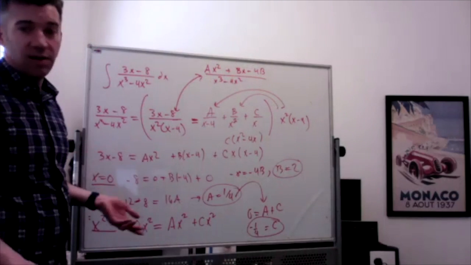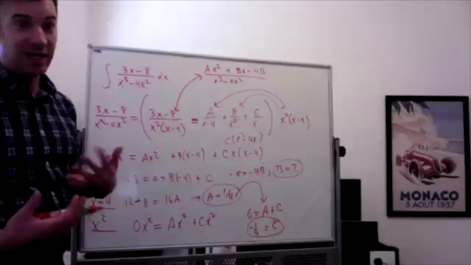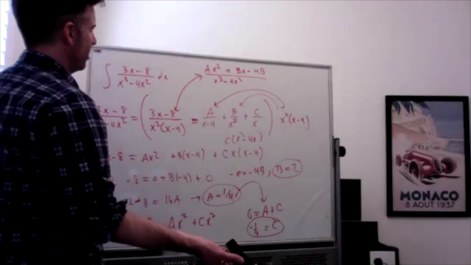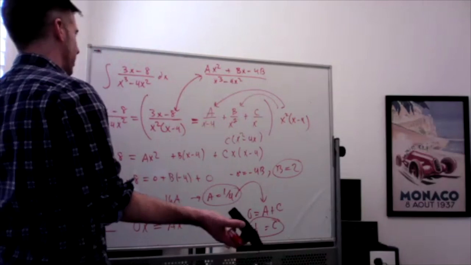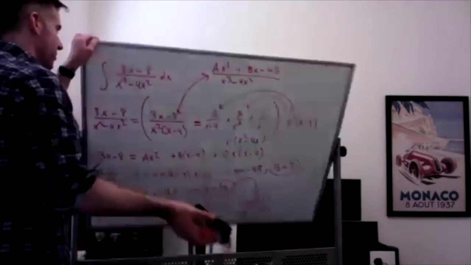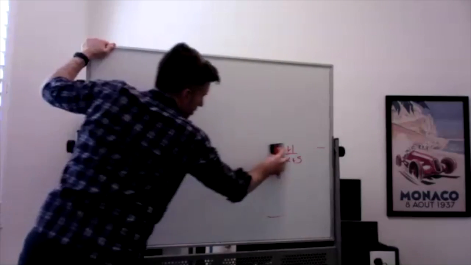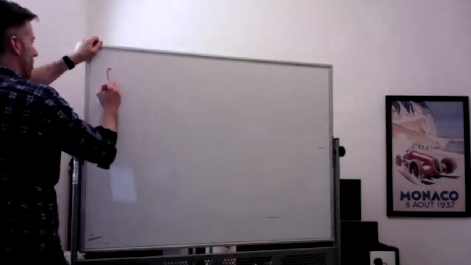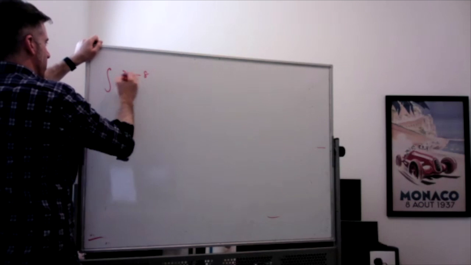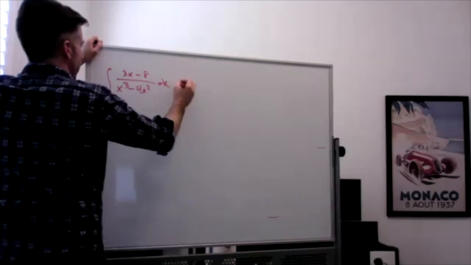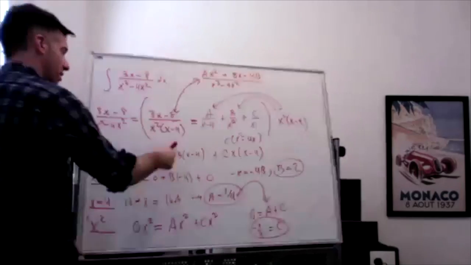So don't stop there, right? We still have to do the integral. So we have the integral of 3x minus 8 over x cubed minus 4x squared dx, and it was equal to what?